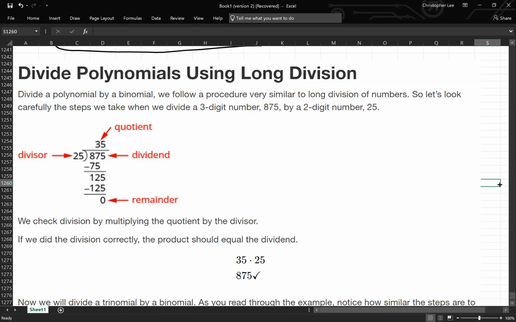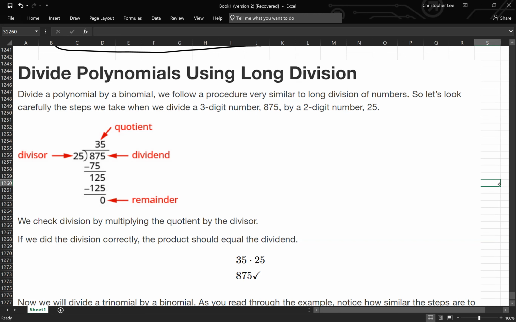Dividing a polynomial by a binomial, we follow a procedure very similar to long division of numbers. So let's look carefully at the steps we take when we divide a 3-digit number, 875, by a 2-digit number, 25. First off, 25 goes into 87 3 times, right? So we write the 3 on top where the quotient is.